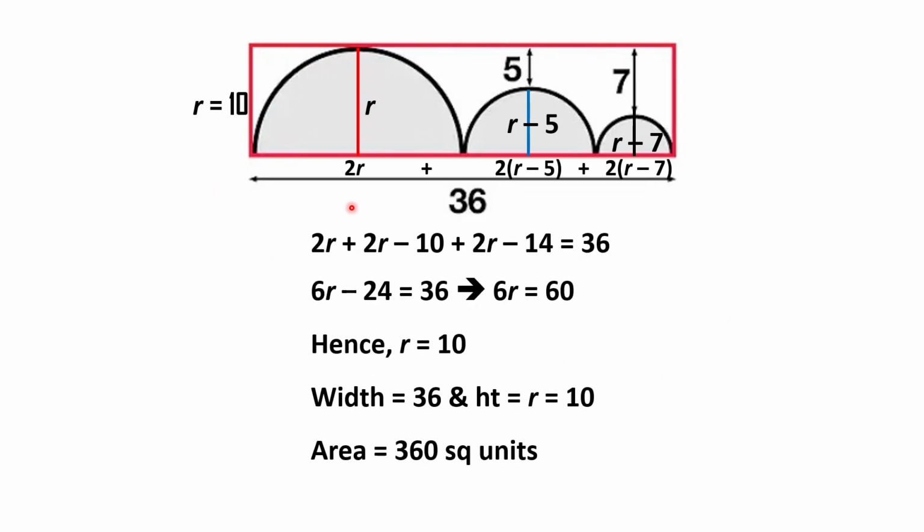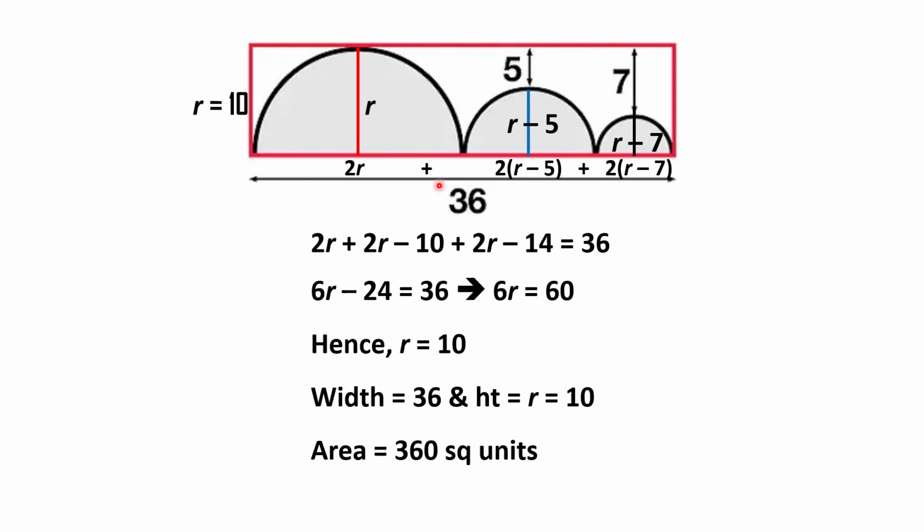So we got the radii: the first semicircle r, the second semicircle r minus 5, and the third semicircle r minus 7. The diameters would be 2r for the first, twice r minus 5 for the second, and twice r minus 7 for the third, and the total is 36 given.